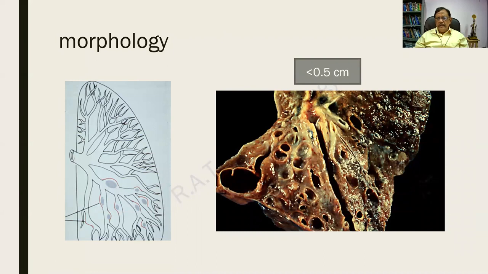Normally, you find that beyond 1 centimeter only, we will be able to see the bronchial tree. Until then, we will not be able to. Whereas in a case of bronchiectasis, it can be a few millimeters, 1 to 4 millimeters from the pleural surface. And that is supposed to be diagnostic of bronchiectasis. So, distension of the bronchial tree that extends up to the subpleural surface.